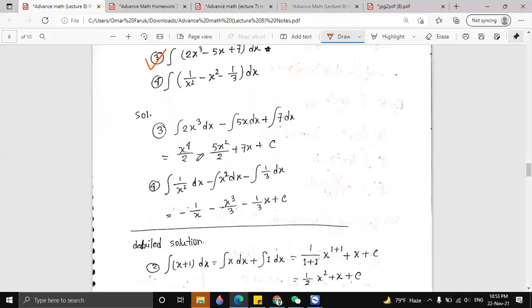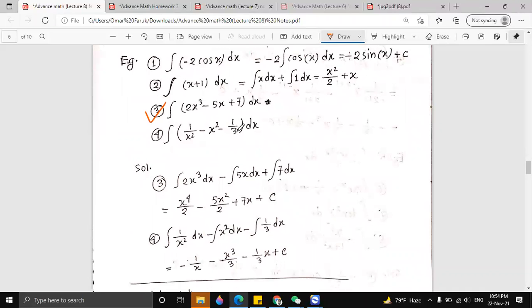So number 3. We have integration of 2x cubed minus 5x plus 7 dx. Like we have here 2 into x cube, right? So we keep 2 outside. Then we get x cube.